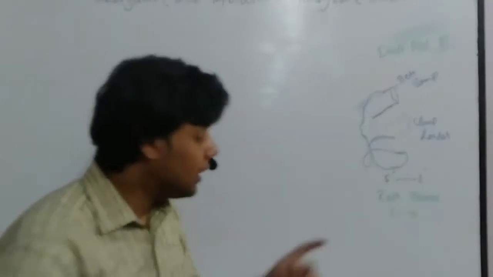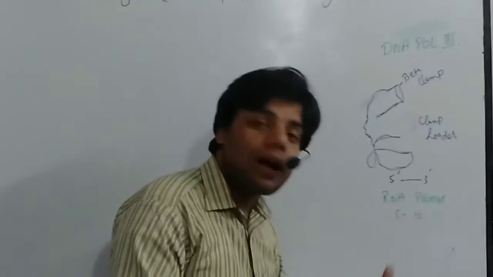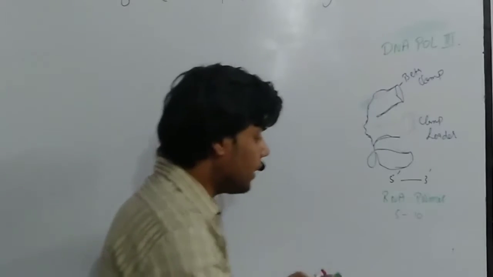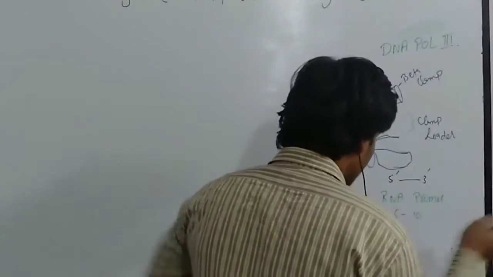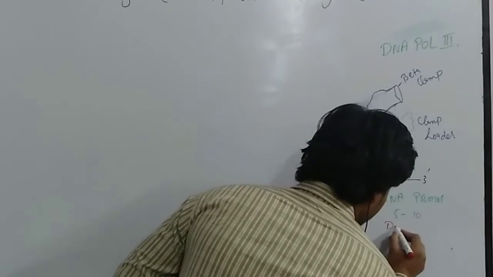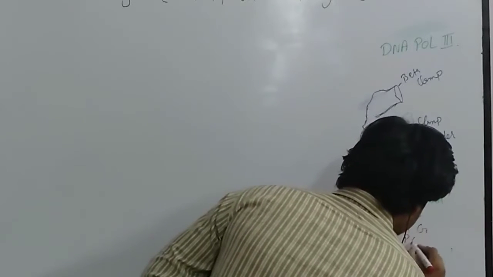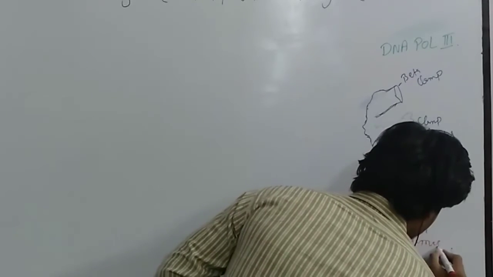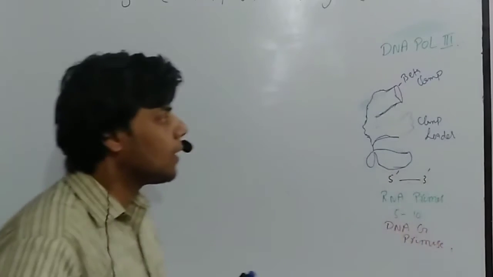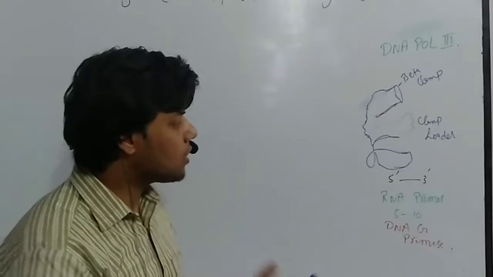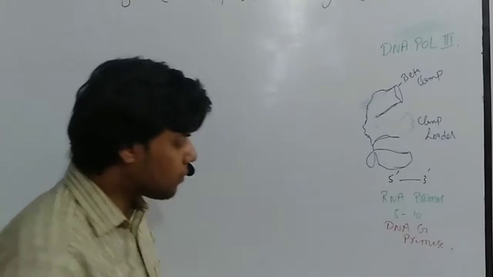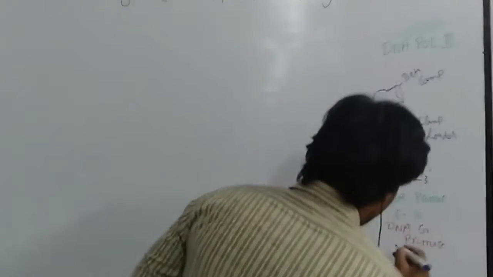That's very important. This primer is provided by an enzyme which we call DNA primase. We also call this enzyme the DnaG protein, or primase. And we have another enzyme which is also involved in this elongation process. We call that DNA polymerase 1.